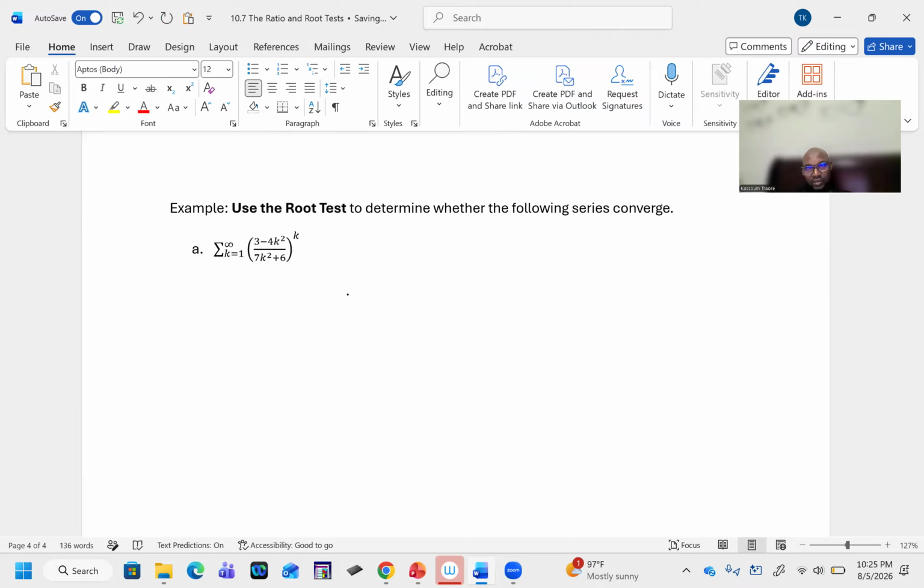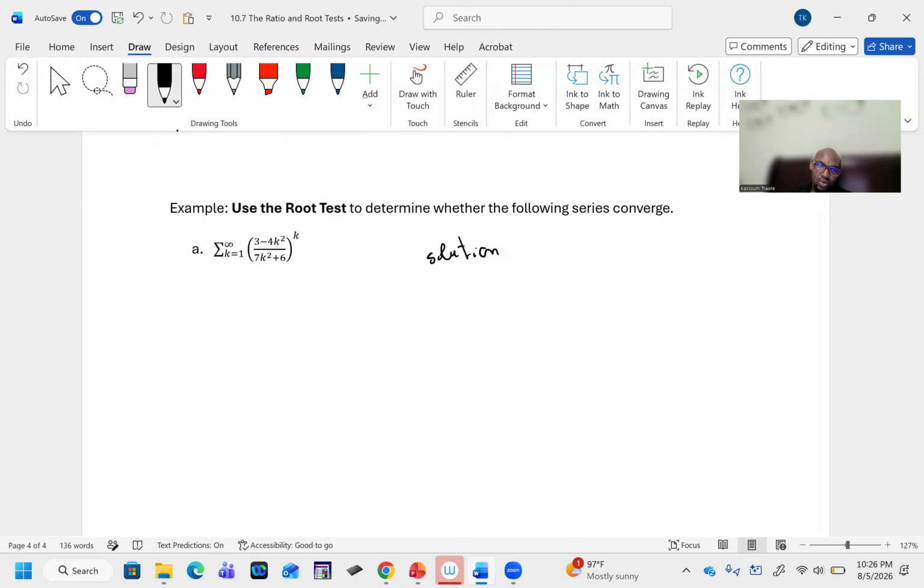Solution: the required limit will be rho equal to the limit of the k-th root of the absolute value of 3 minus 4k squared divided by 7 times k squared plus 6, all to the power of k, as k approaches infinity.